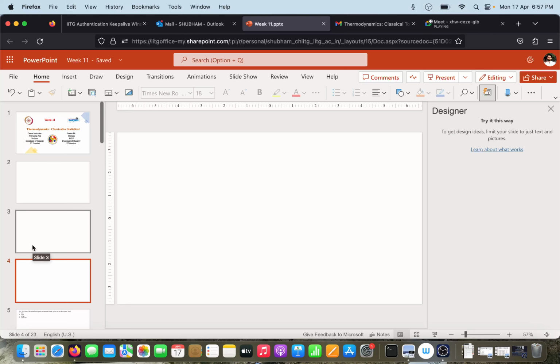We need to calculate it in calories per mole per Kelvin. So Cv is equal to 3 into 2, that is 6 calories, since R is in calories per mole per Kelvin. So this 6 is the answer.